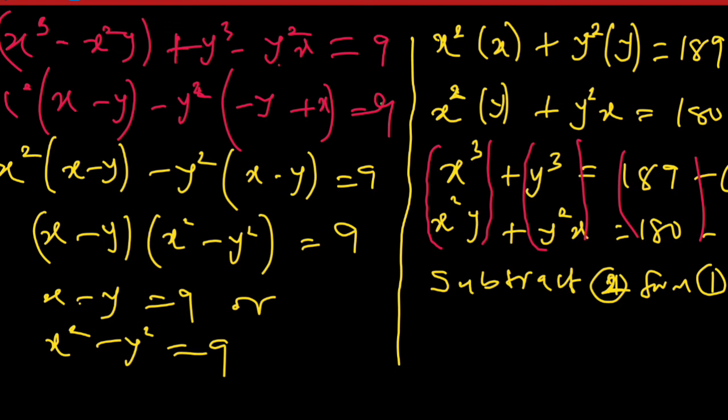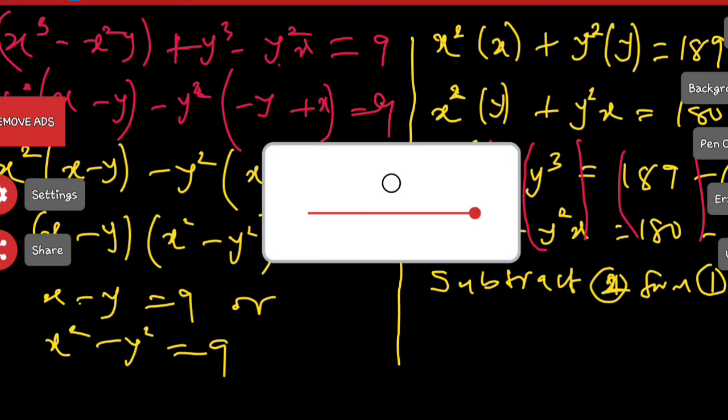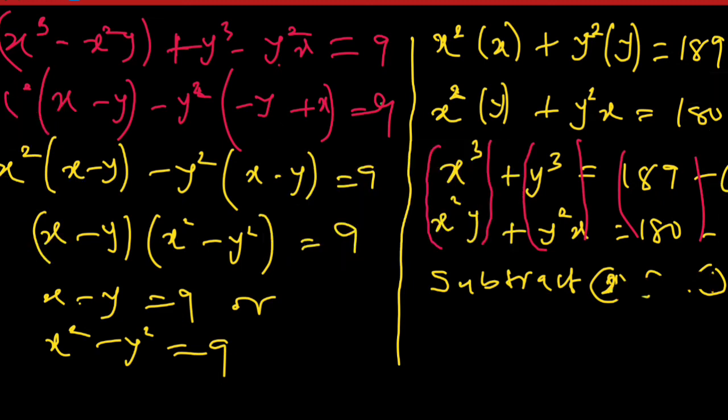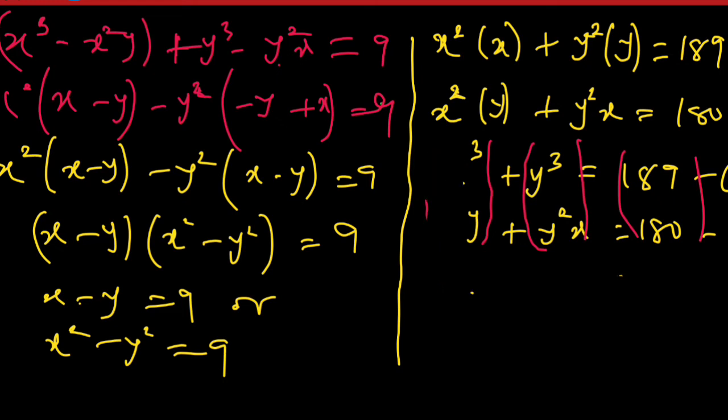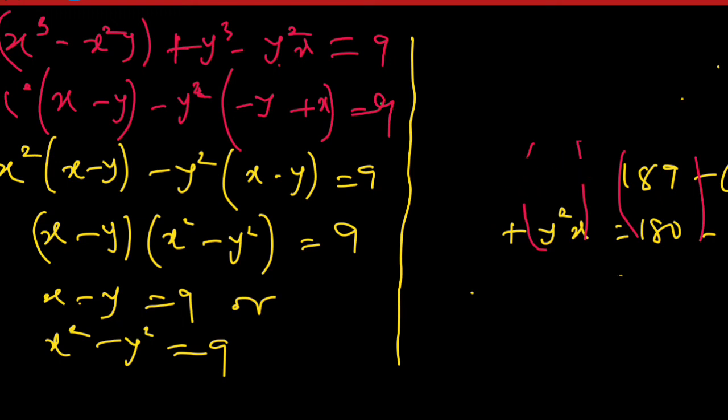Now, let's try to bring the two equations here. So, if I have x minus y equals 9, and then x square minus y square to be equals to 9 also.